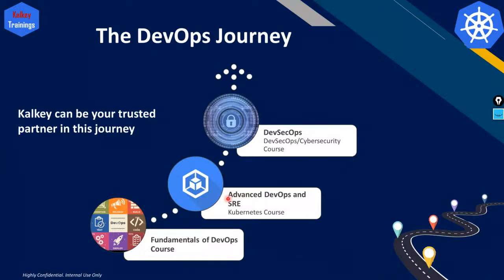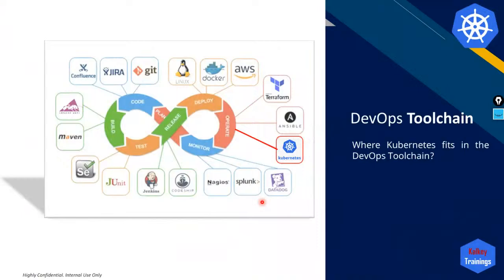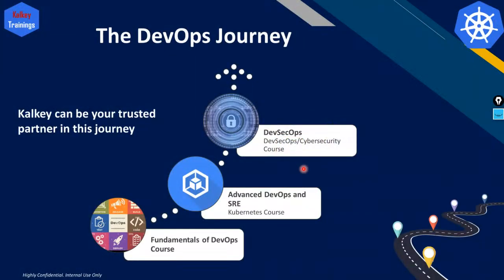In between comes SRE. SRE is Site Reliability Engineering. One of the parts of DevSecOps is whether you are able to monitor your system correctly. Can you read your unstructured data? Unstructured data is nothing but your logs.